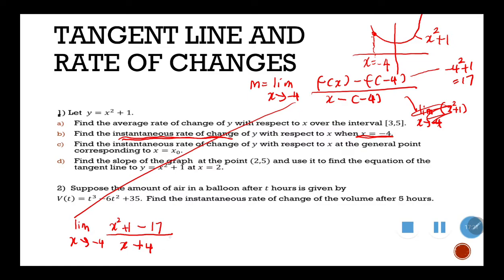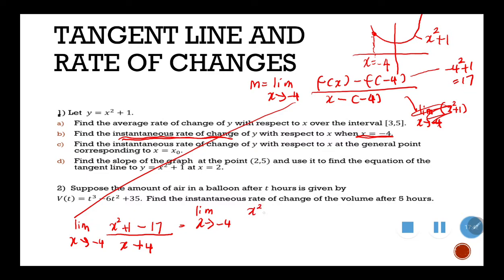So how to manipulate it? Now you can do the algebra here. Minus 17 plus 1 is minus 16.